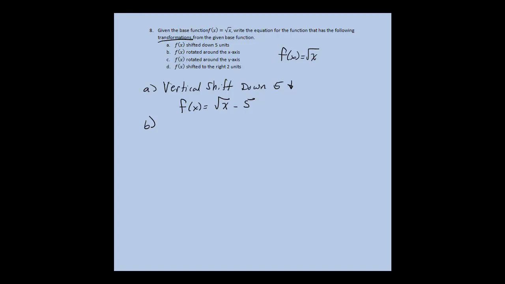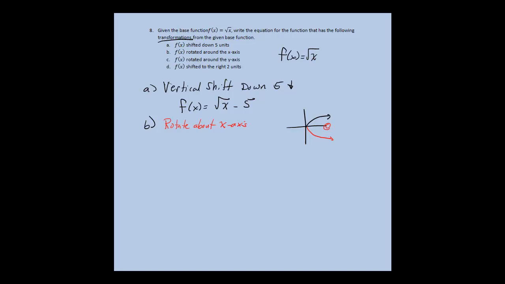So in part B, if we rotate around the x-axis, so if we look at our two axes here, we originally have this being square root of x, and now we're going to rotate around the x-axis, and we're going to have something that looks like that. So we're putting a little knob here at the end, and we're rotating around. So we know that we're going to rotate about the x-axis.